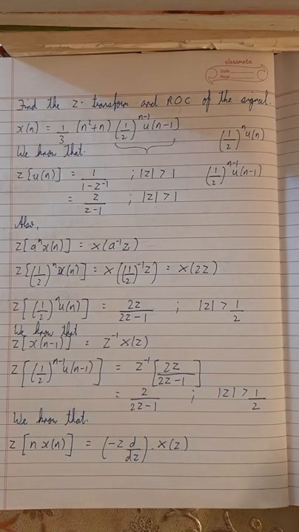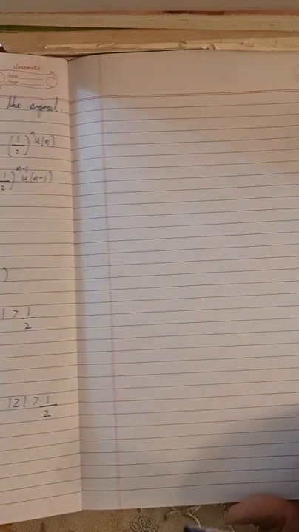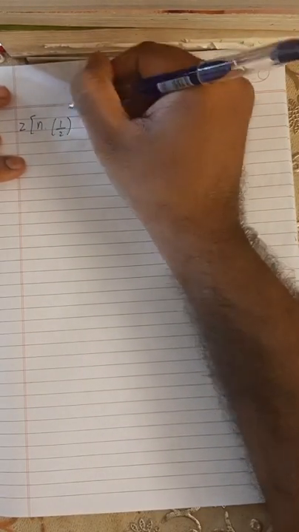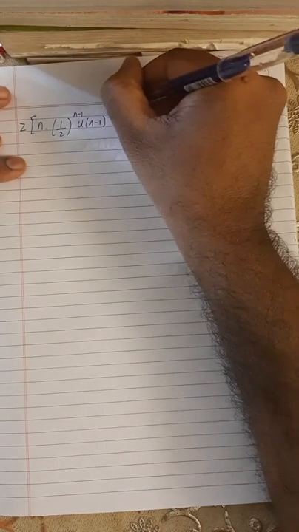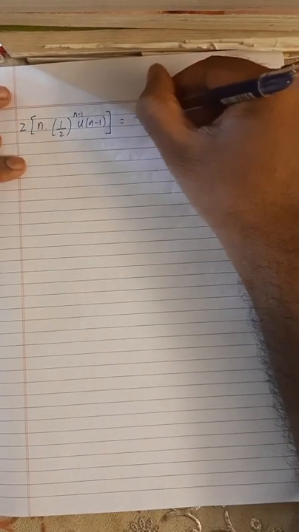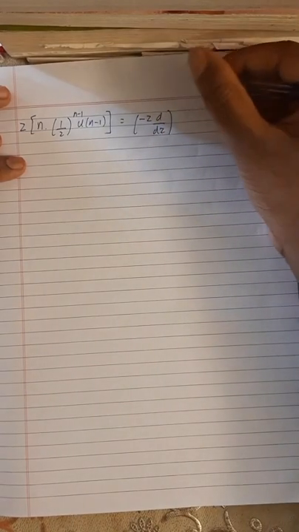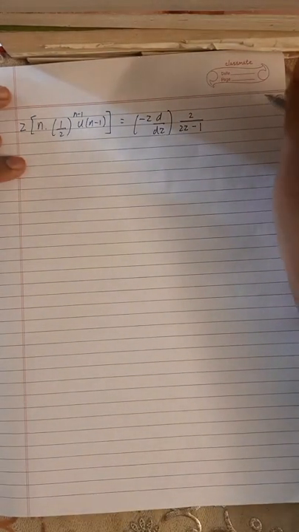Here my x of n is this sequence over here, or in other words, the z transform of n into 1 by 2 raised to n minus 1 u of n minus 1 is nothing but minus z d by dz of your x of z, which is 2 by 2z minus 1. Okay, and your ROC is the same.